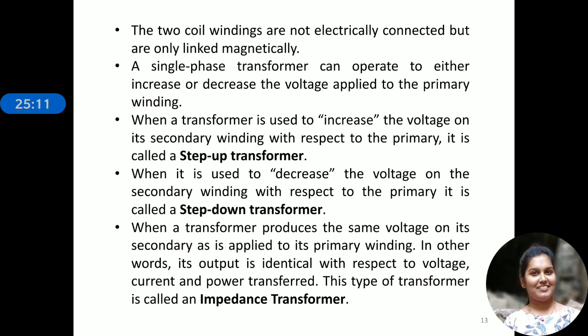So this type of transformer is called an impedance transformer, and the major use of the impedance transformer is for impedance matching or for isolation of adjoining electrical circuits. Okay, so these are the three basic types of transformers that are commonly used in any electrical circuits.